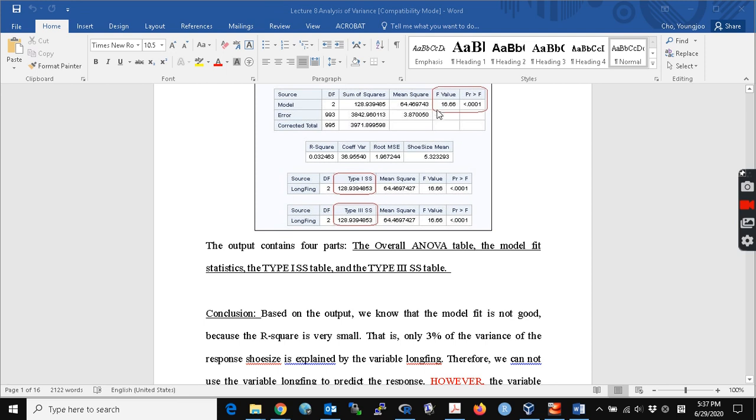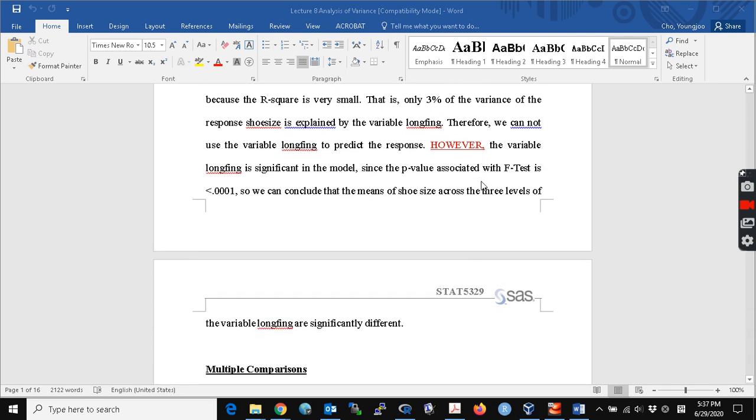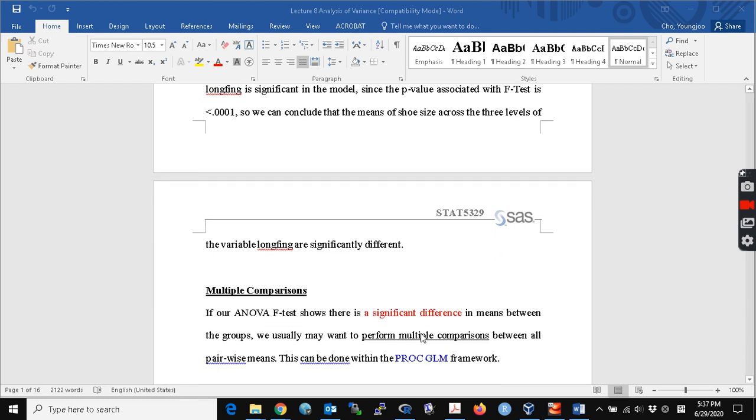You can see this is the F value, and the P value is the test for mu1 equal to mu2 equal to mu3. Here it is less than 0.05, so we can say that there exists a difference in at least one pair of the means, or the means of the shoe size across the variable long thing are significantly different.